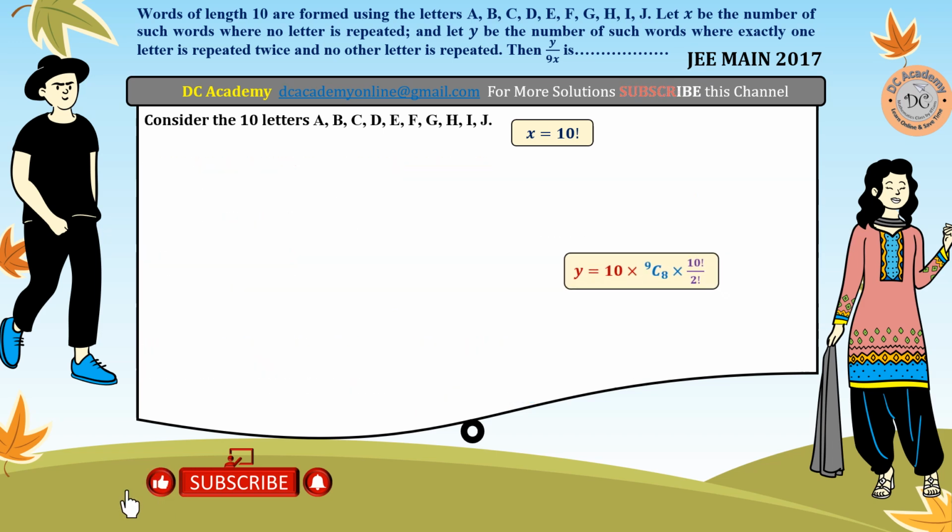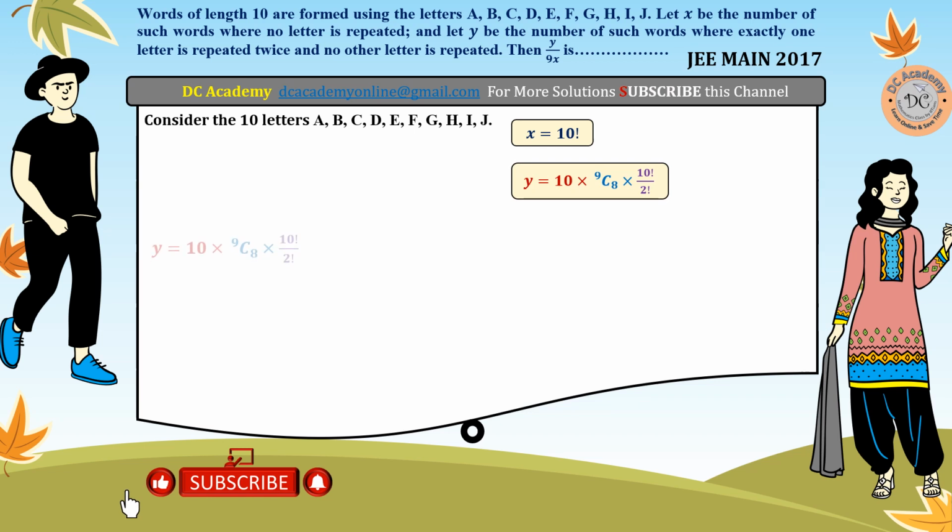Now we consider that Y expression. We have to calculate 9C8. 9C8 is equal to 9C1, which is 9. Factorial 10 divided by factorial 2 will be 10 into 9 divided by 2. So we can rewrite it as 10 into 9 into factorial 10 by 2.